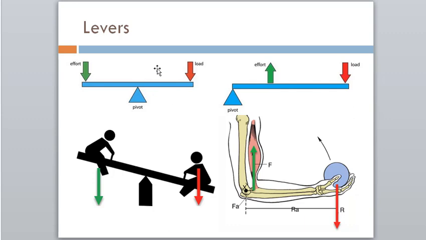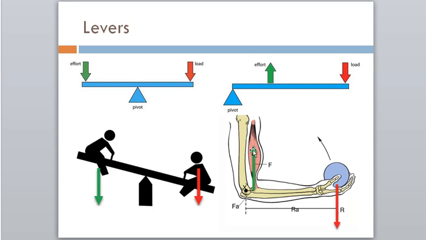Those components are absolutely true for a lever system, and this is actually defined as a first-class lever, which we'll talk about in a couple slides. But the body is set up in a similar way. It has the components, just arranged slightly differently. So instead of the pivot being between the load and the effort, the pivot, the joint, is on the far side of both the effort and the load.